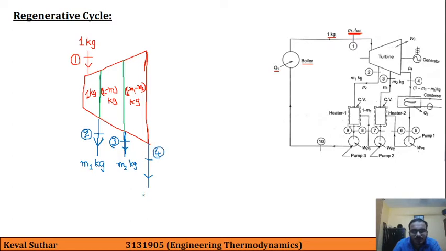And at point number 4, at the exit we are only having 1 minus m1 minus m2 kg, which will be expanded over here.